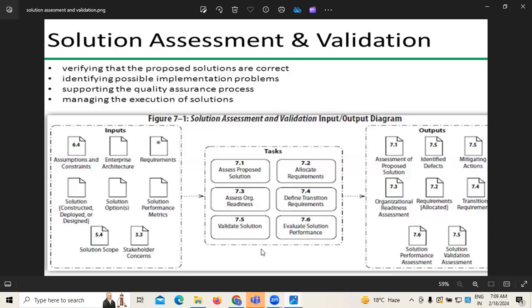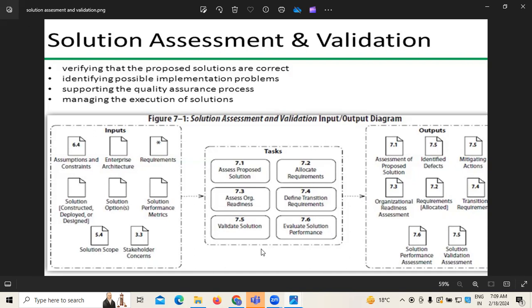Means we need to consider the assumptions, constraints, and at the same time the kind of architecture which the technical team is supposed to develop, right? So what kind of solution have we identified? Because in our case study, we are developing a cloud-based point of sale system based on the business problem which the customer is facing.